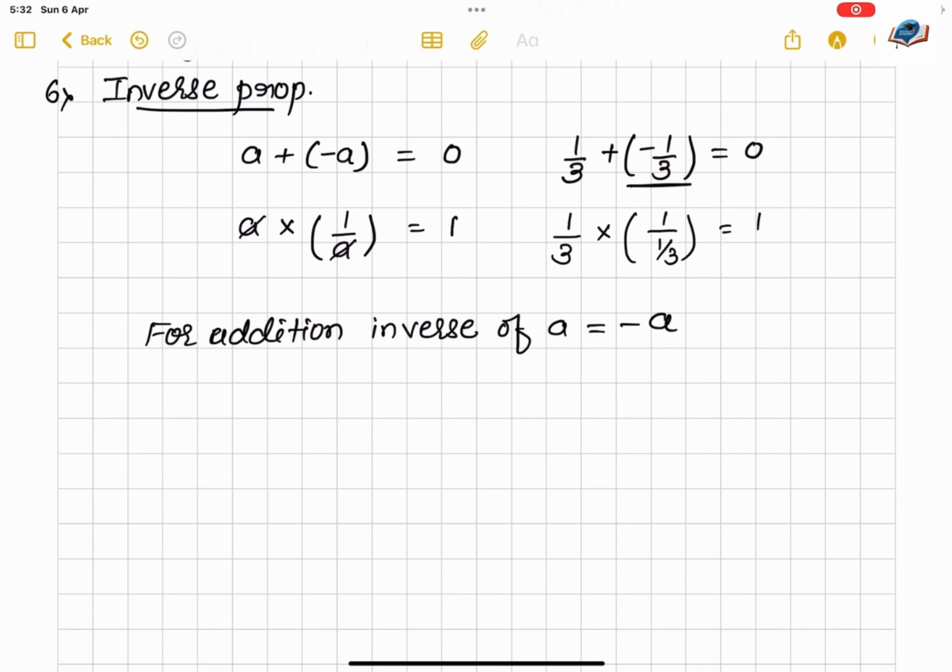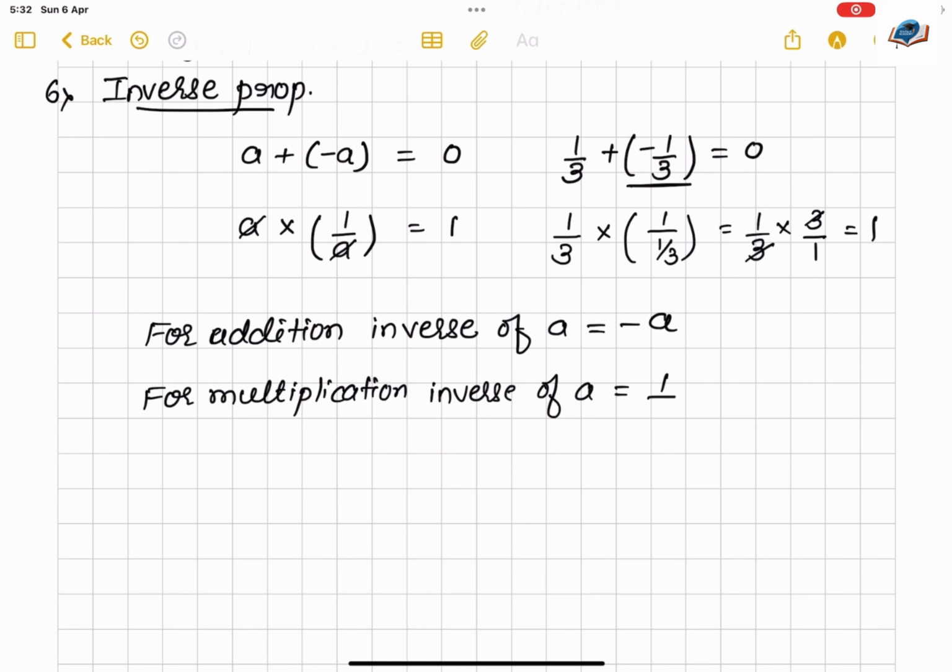So that will be 1 upon 3 into 3 by 1, and then 3 cancel, so I will get 1. So therefore, for multiplication, the inverse of A is 1 upon A. That means I have to write the reciprocal of the number there.